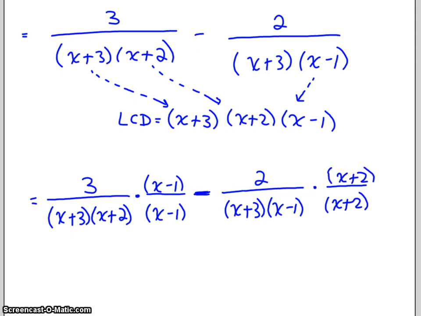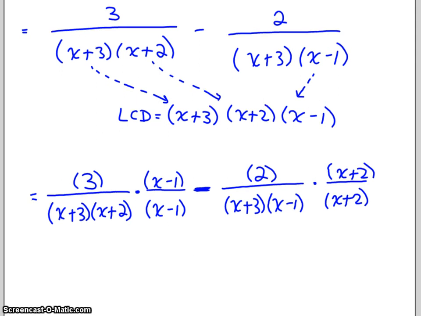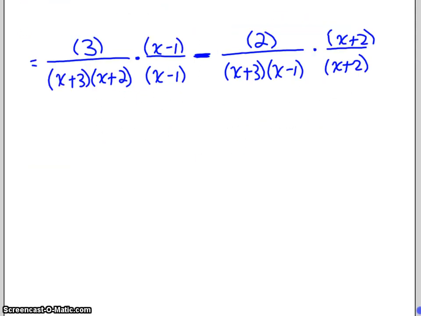Now with these, I do not distribute. We're going to eventually be doing the 3 times x minus 1 and the 2 times x plus 2, but I do not distribute those yet. Now notice our denominator is going to be common now: x plus 3, x plus 2, x minus 1. Both of them contain that. So I'm going to write this as one fraction over that common denominator.